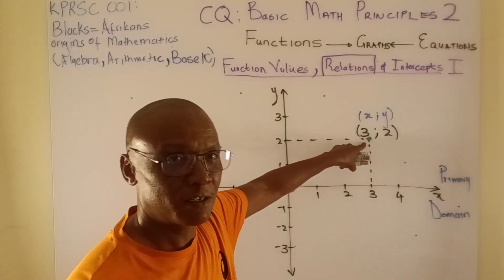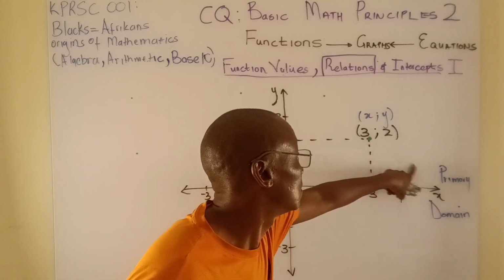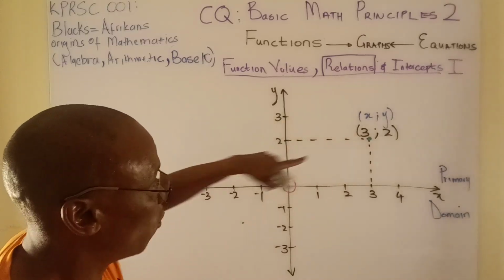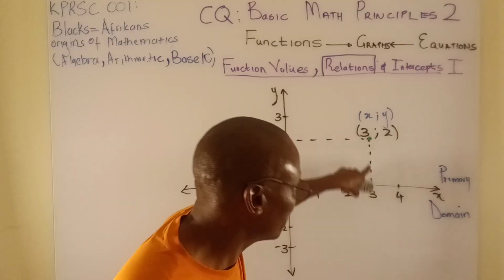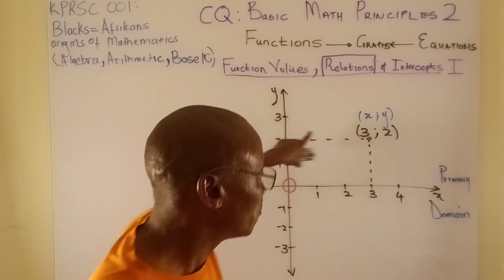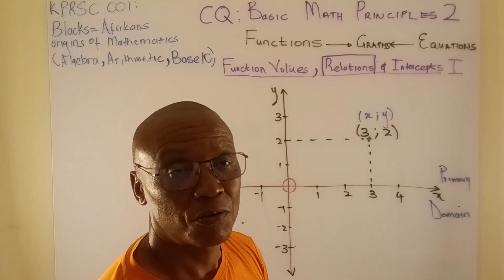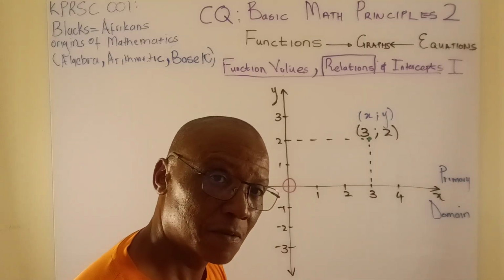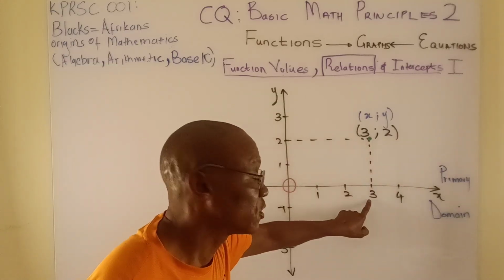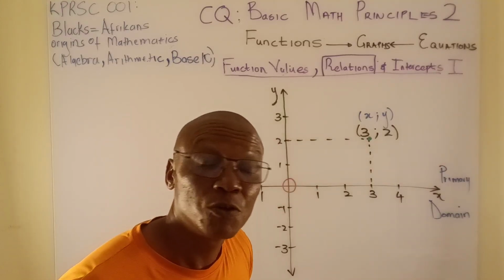But the mere fact of selecting one, if you highlight one, forget about these others, and you give it the primary value x and the y value, you have started what is called the relation itself, meaning you have related the value x equals 3 to the value y equals 2. You have started a relation.